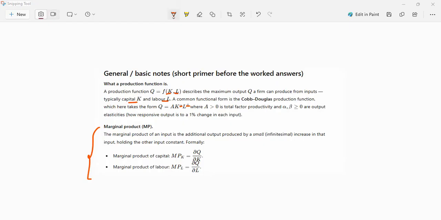The marginal product of capital measures the change in output when capital increases by 1 unit while keeping labor constant.